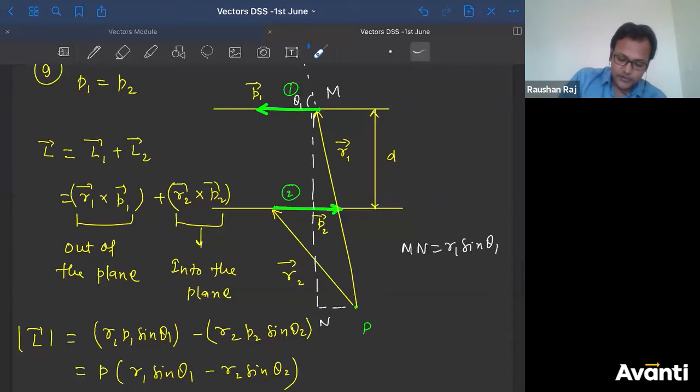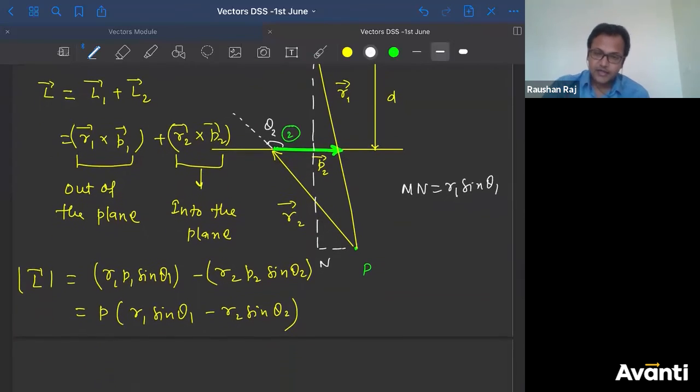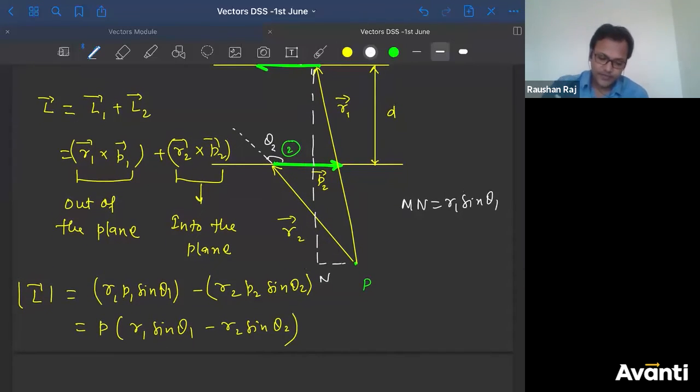Can I say theta 2 is nothing but the angle made by R2 with P2? So what I have to do? I have to extend this here. So this angle is theta 2. And if I try to find sin theta 2, what will I do? Again, I'll try to draw a triangle like this. Okay?